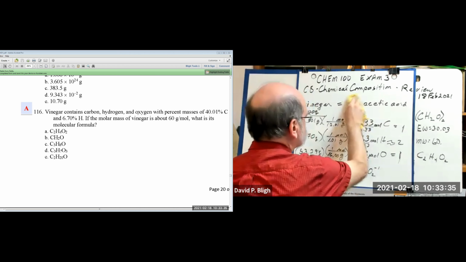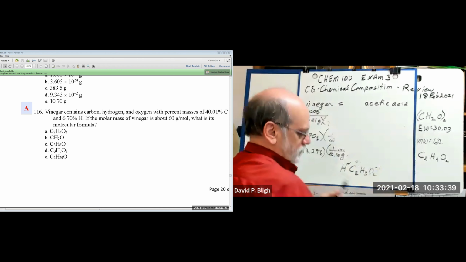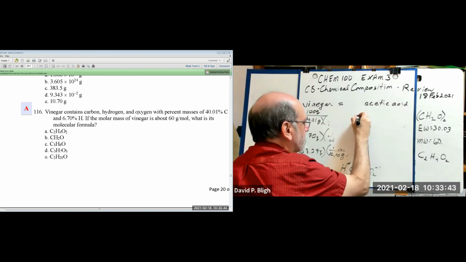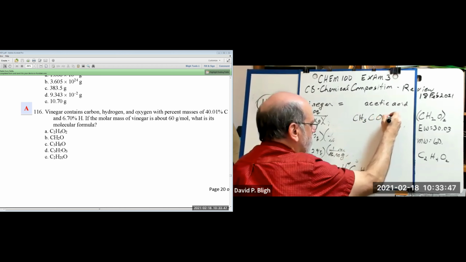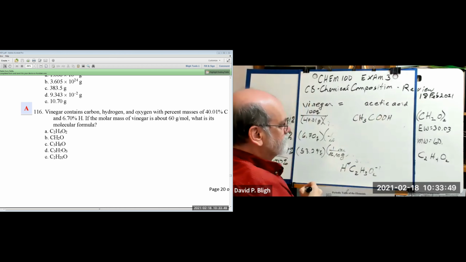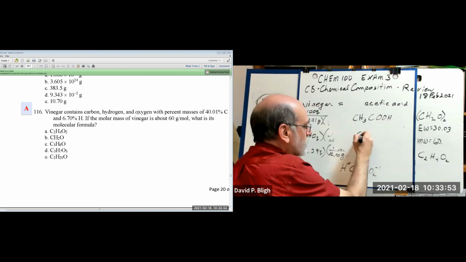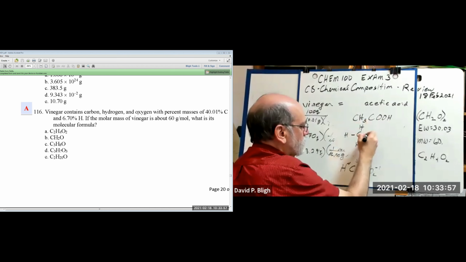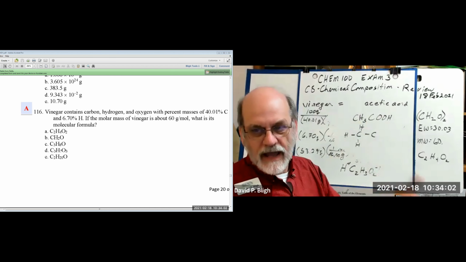So that acetic acid, sometimes, in fact, the way I learned acetic acid was like this. That tells you a little bit more about the structure. This would be carbon with 3 hydrogens on it, bound to that carbon. That's the way we write organic molecules.